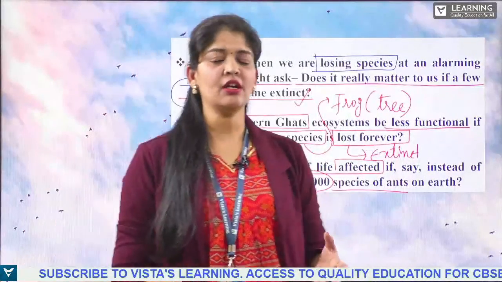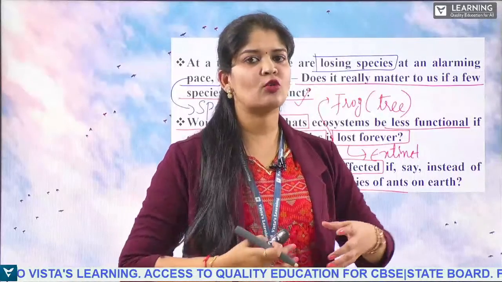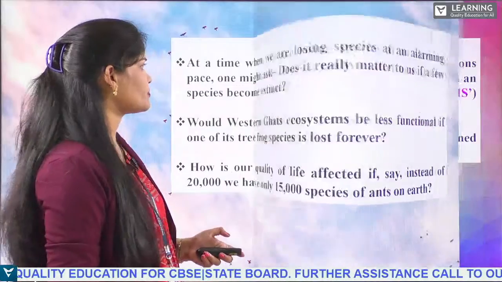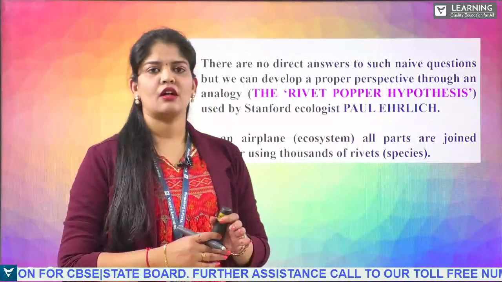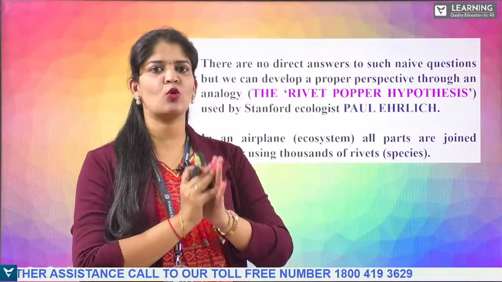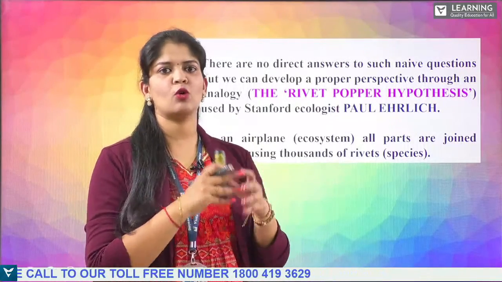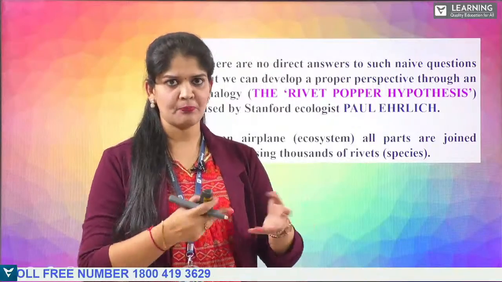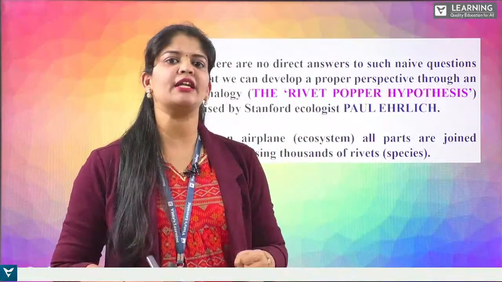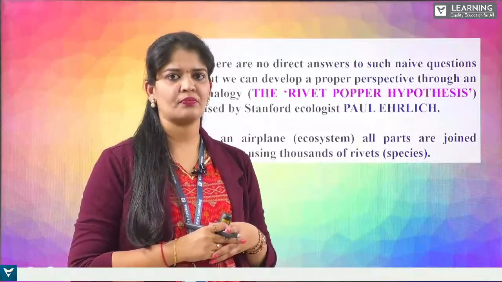If that is the condition, in what way is our life going to be affected by this loss? All this is just one question: if a few species are lost forever, if they go extinct, how is it going to influence the stability of the ecosystem?